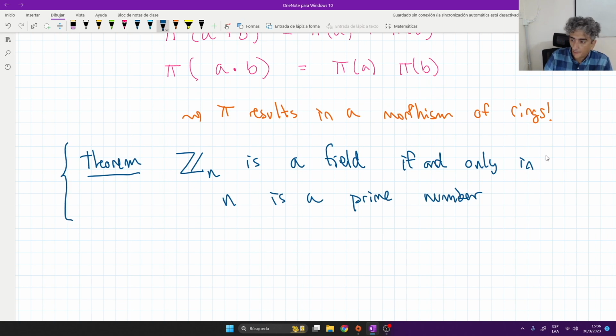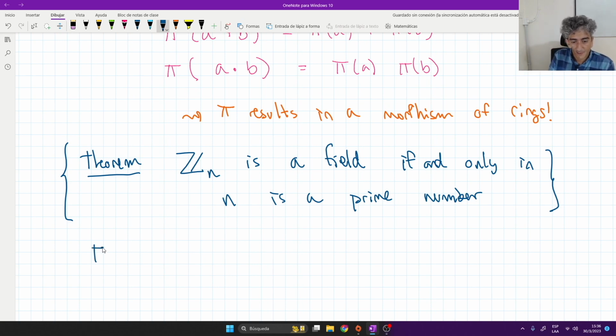And this is actually a very interesting thing because equivalence relations in general do not yield fields. The only time when that happens is when the equivalence relation is to look at numbers modulo a prime.